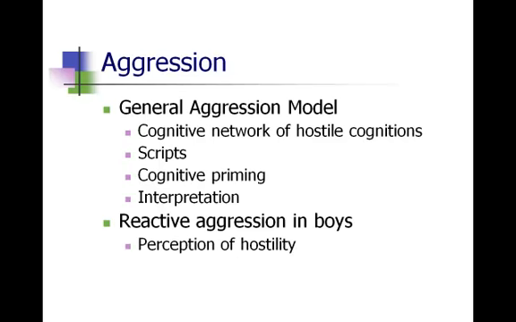In line with what we talked about, their perception of hostility is different. They perceive more aggressive cues than non-aggressive kids. With ambiguous stimuli, they're more likely to see it as aggressive.